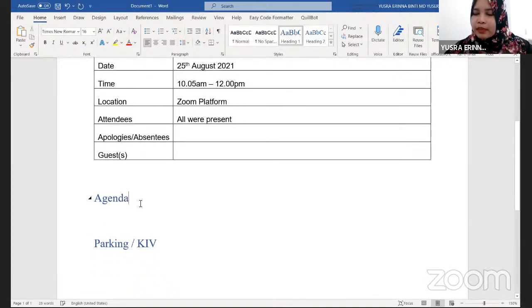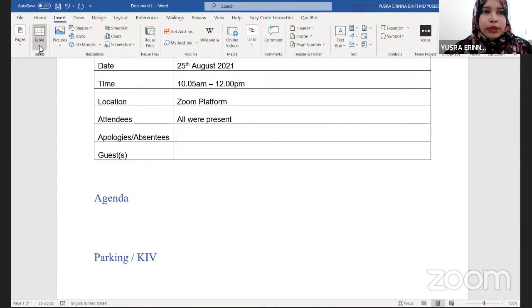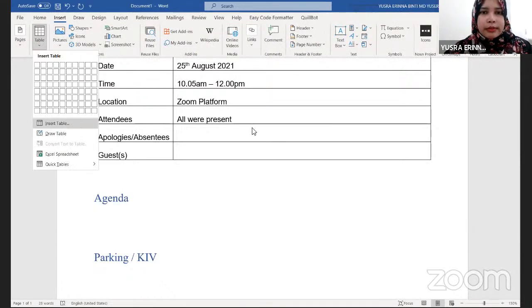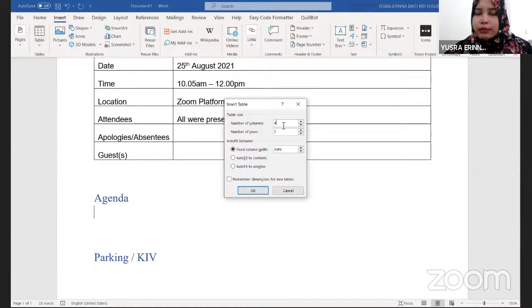Okay, so we are moving on to the agenda. Agenda, normally I will insert a table with 4 columns and 13 rows.